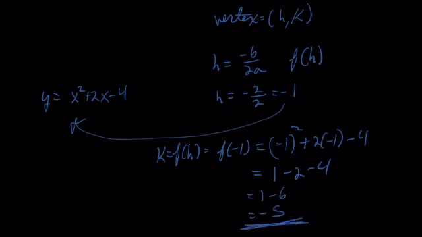So we found that our vertex is (negative 1, negative 5). We found the exact same thing when we were able to graph our function. So the most important thing when you're graphing a parabola is going to be to find the vertex and then find 2 more points next to the vertex.